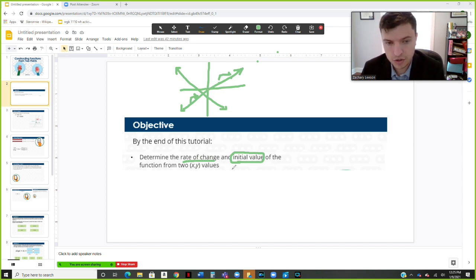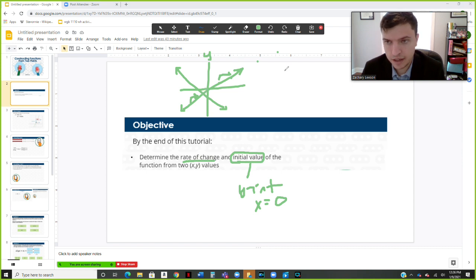The initial value is the y-intercept, and that means that x is 0 at that initial value point. So here's our y-axis.